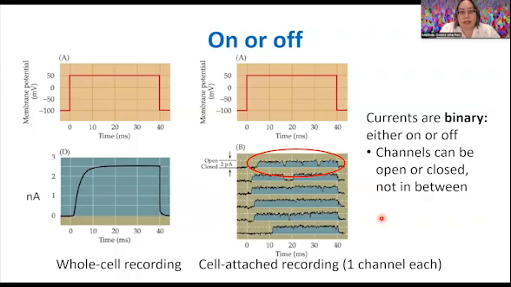And this kind of makes sense. If you're recording from a single channel, it's going to be either closed, not passing current, 0, or it's going to be open. And here that's that 2 picoamps. You can see it's either around 0 or it's near 2 picoamps. It doesn't spend a lot of time in between.